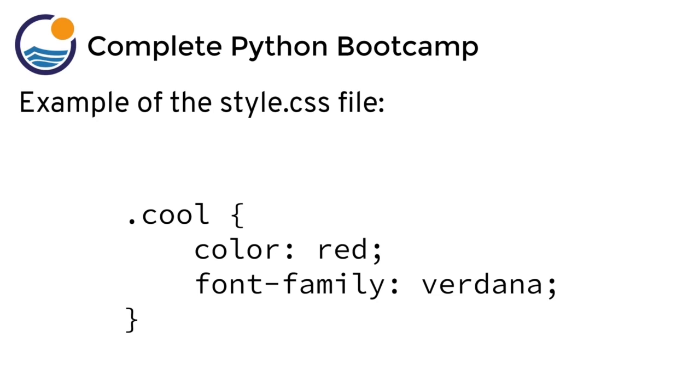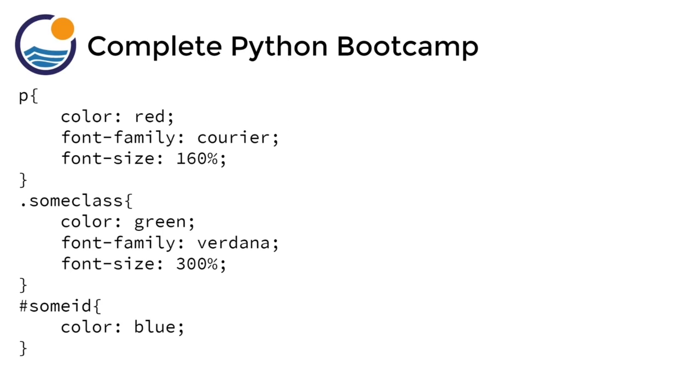Okay, so classes are typically used when you want to add the same style to multiple elements across an HTML file. So think of IDs as typically a one use and then classes as multi-use. So then, in a much larger CSS file, you could have something that looks like this.